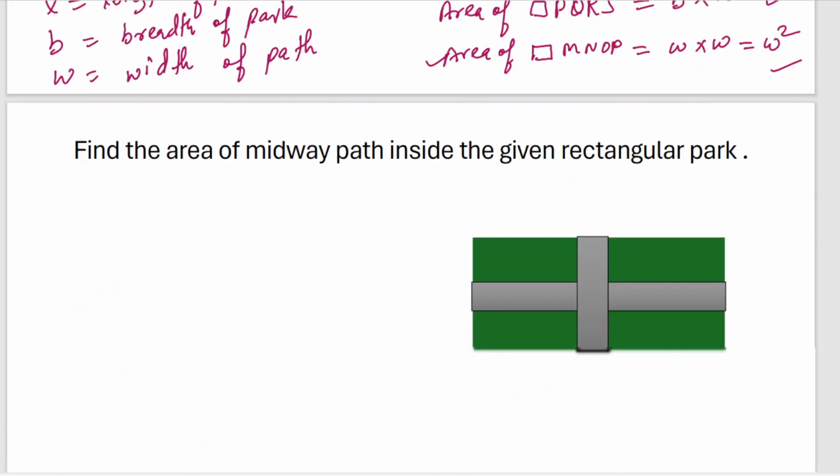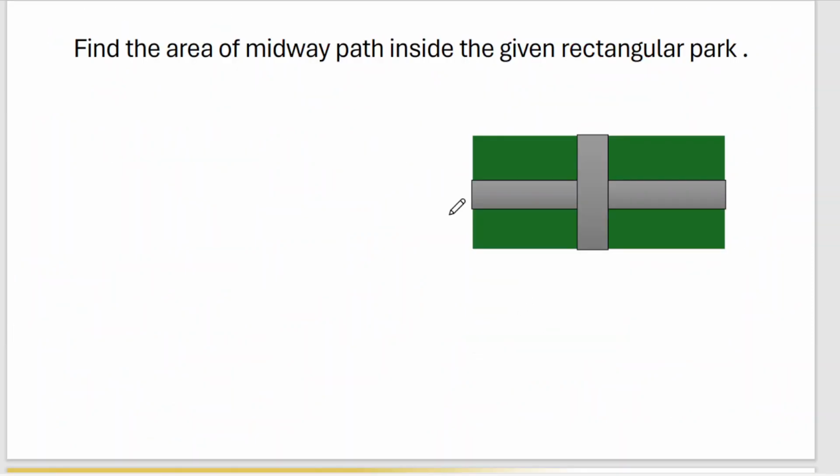Let me take an example. Suppose I have a rectangular park whose length is 100 meter and whose breadth is 50 meter, and one midway path has to be constructed inside this rectangular park, whose width W is given as 2 meter.